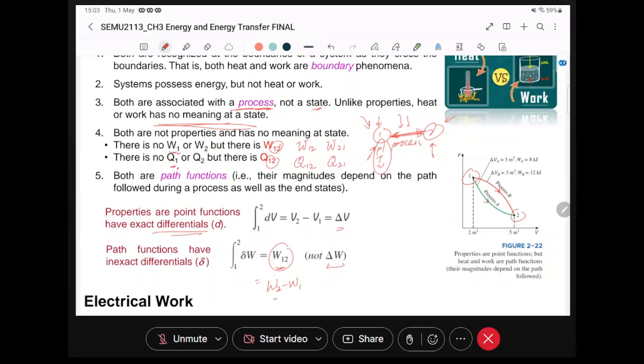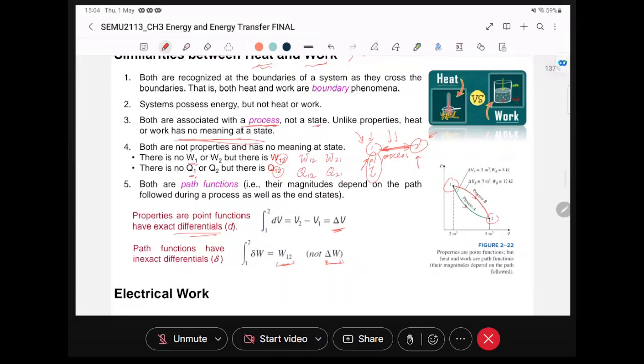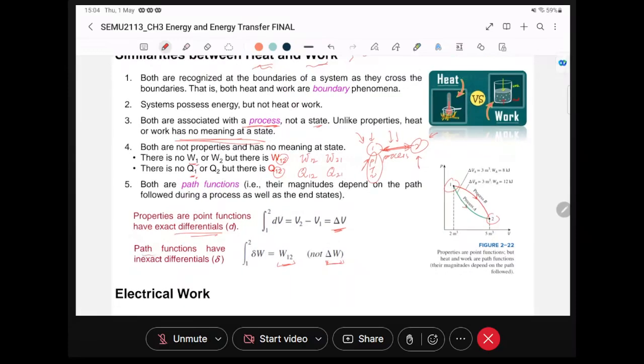Not saying that we can't write it the other way, but usually it's this. It's already a delta, so we don't write delta again. Then it's a delta of a delta, and there's no meaning in that. So a change in property we write with delta. For work, usually we just write from one state to the other, because it's a path function, associated with a process.